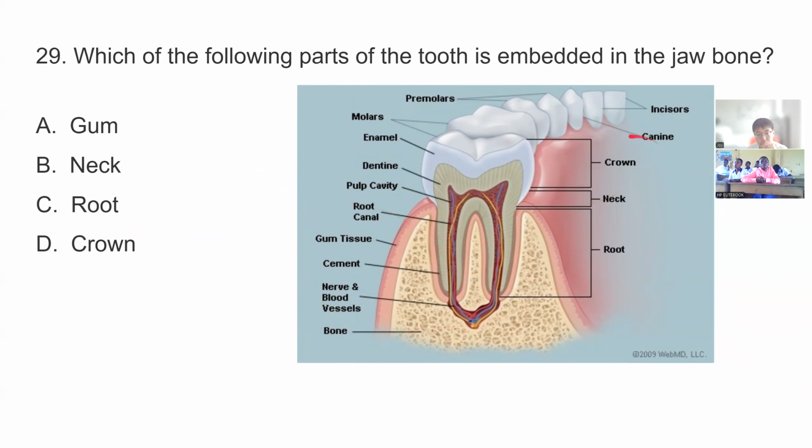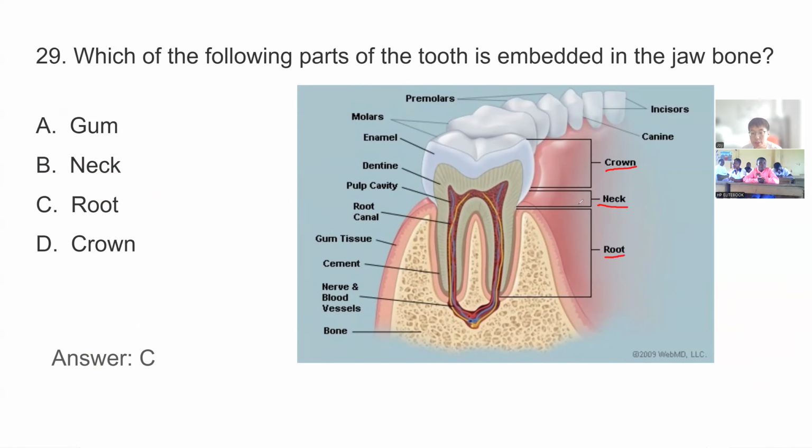Here it's talking about different parts of the tooth. The neck is not really embedded in the jawbone. The part that is embedded in it is actually the root. Here it is separating the tooth into three parts: the crown, the neck, and the root.